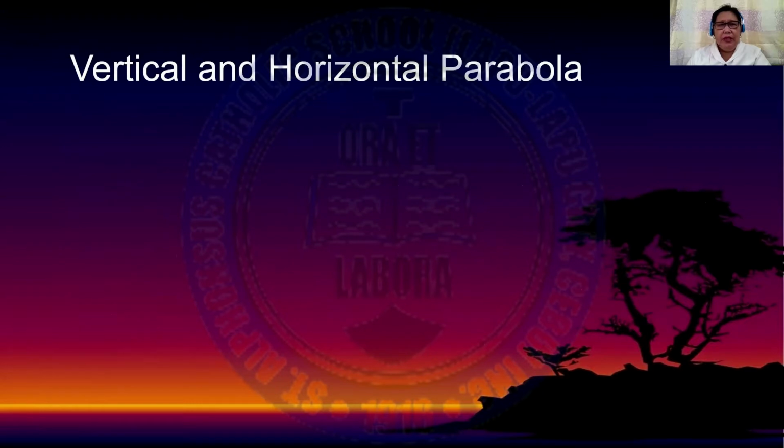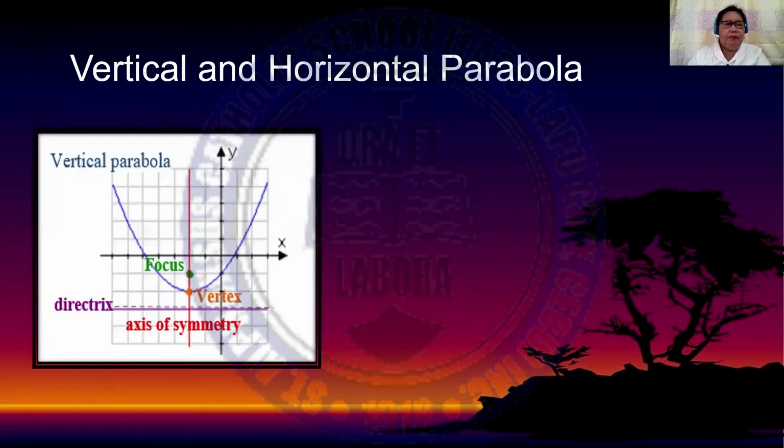Let us have the vertical and the horizontal parabola. This is the illustration of a vertical parabola, wherein you have the vertex, this is the focus, this is the directrix, and this is the axis of symmetry. The axis of symmetry is vertical.